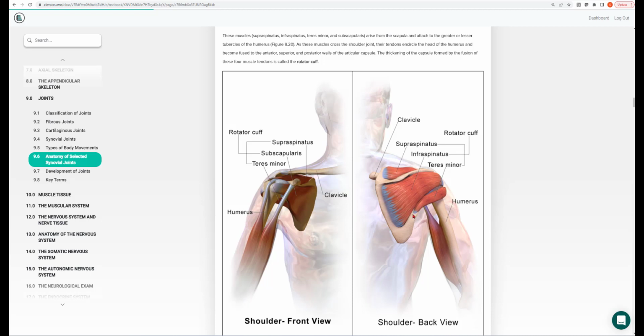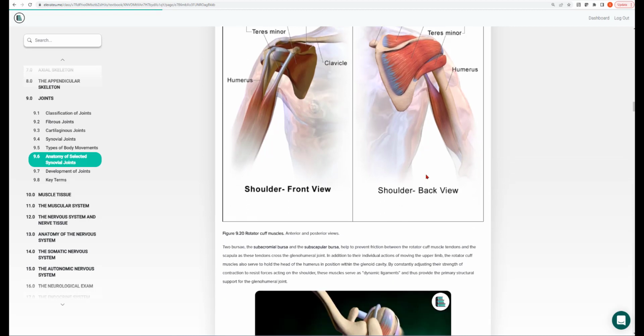Notice it goes from the scapula over to the humerus. And on the anterior side, the only anterior rotator cuff muscle, not shown here, is sitting under the scapula, and it's the subscapularis, sitting in the region of the scapula called the subscapular fossa.